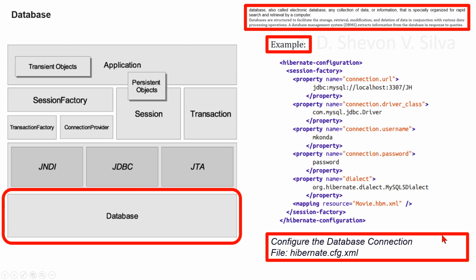Here the connection URL indicates the URL to which we should be connected, and driver_class represents the relevant driver class to make the connection, and dialect indicates which database dialect we are using, MySQL in this case.